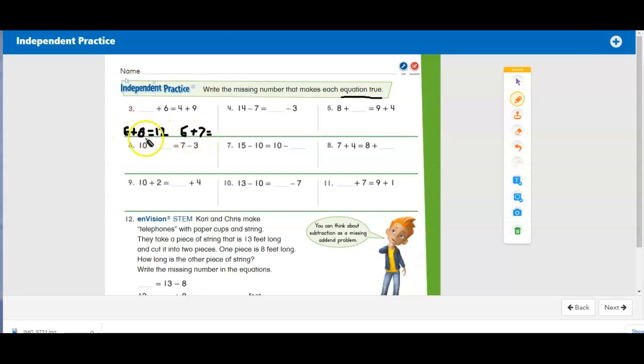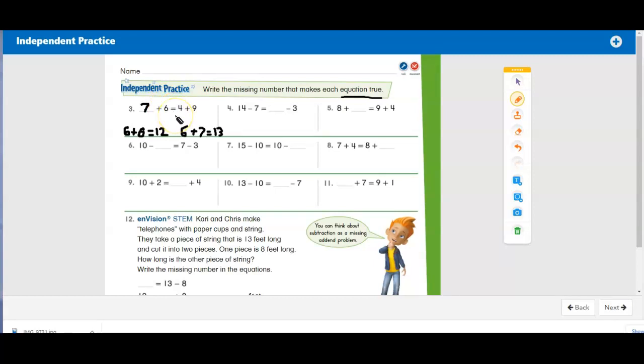Instead of 6 plus 6 equals 12, 6 plus 7 would equal 13. So in the blank, I would write 7. 7 plus 6 is equal to 13, and 4 plus 9 is equal to 13. So this makes these two equations true.